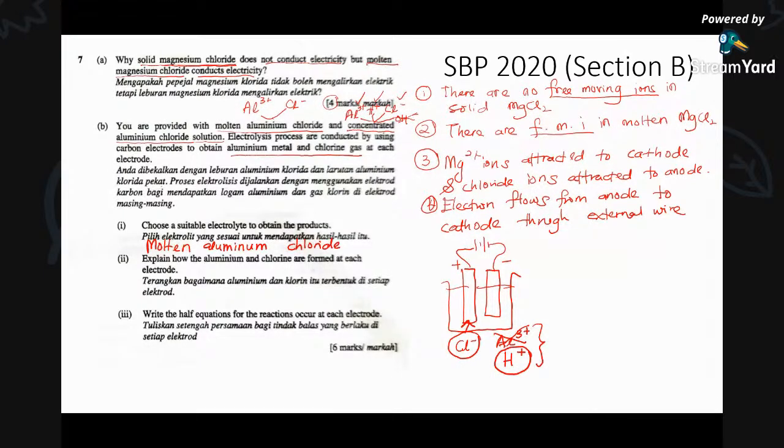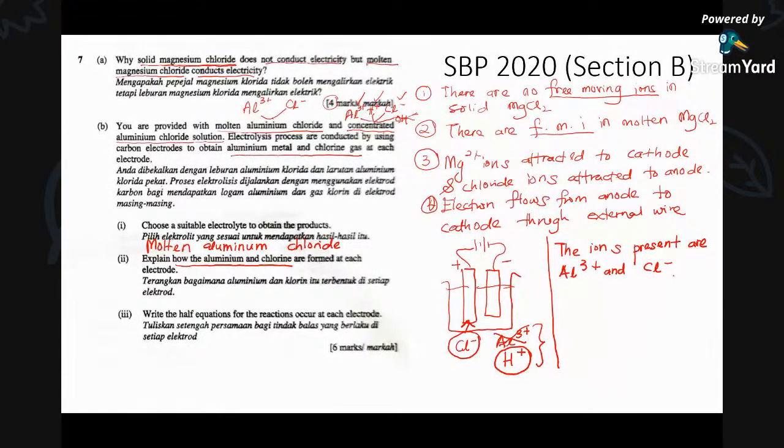Explain how aluminium and chlorine are formed at each electrode. So you have to describe at each electrode. You have to say the ions present are Al3+ and Cl-.